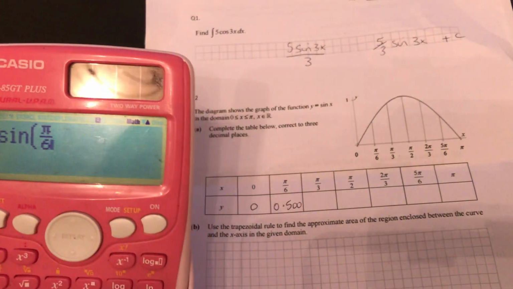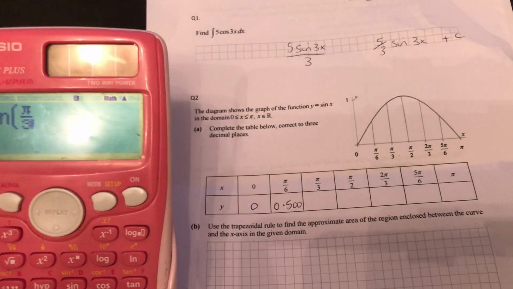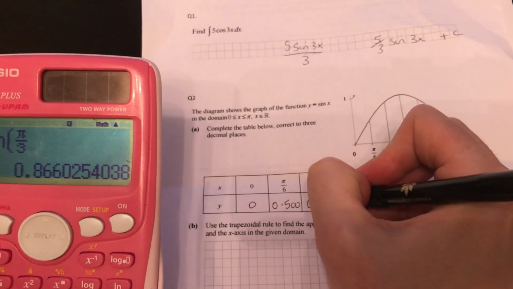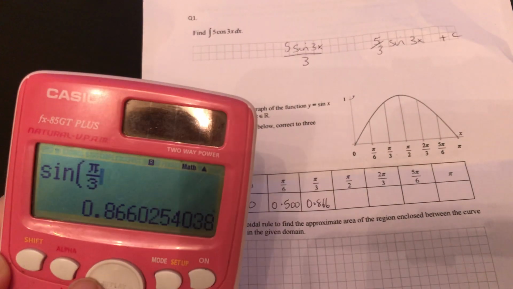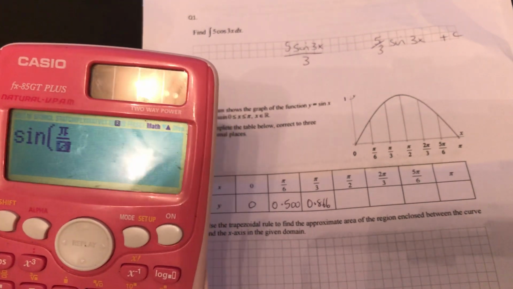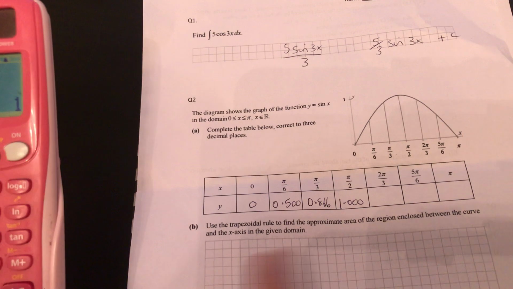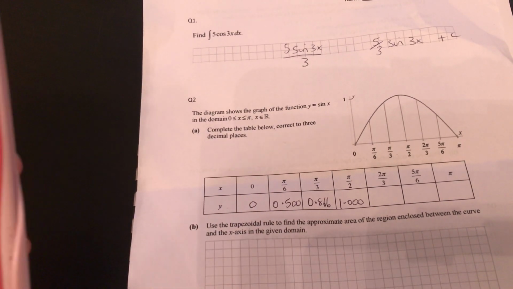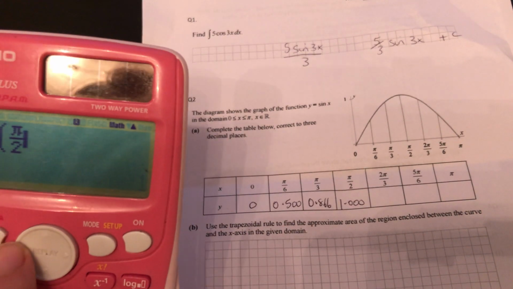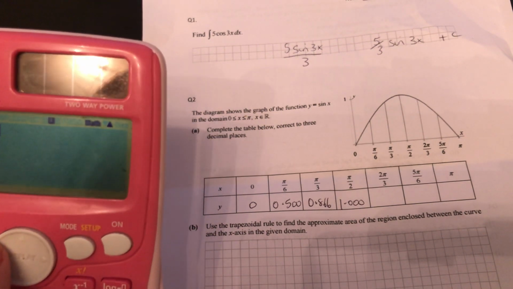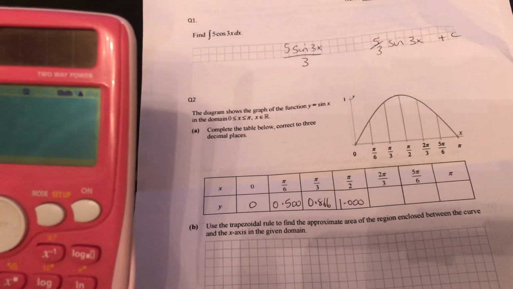Pi over 3, to 3 decimal places, 0.866. Pi over 2, that's 1.000. I'm only putting in the 3 decimal places because they did say correct to 3 decimal places. And then the next one is the sine of 2 pi over 3.